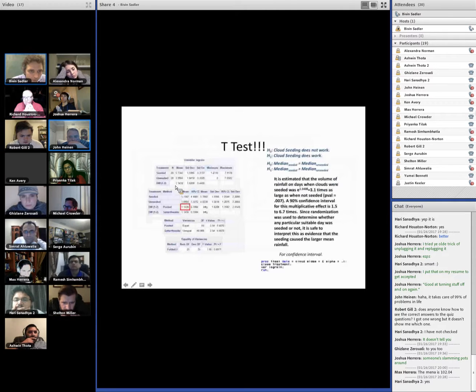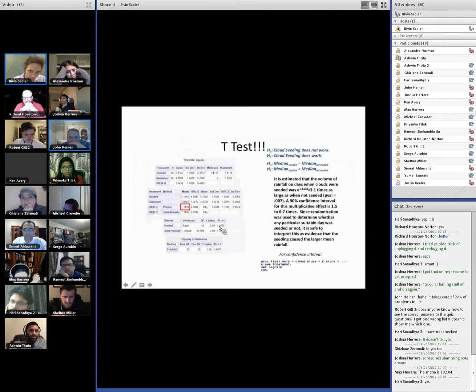This 1.1438 is the mean of the log seeded minus the mean of the log unseeded. It's not on the original scale. So how do I get it back? I simply take E to that difference. E to the 1.1438, it's right here. E to the 1.1438 equals 3.1. And notice, first of all, that that was significantly different than 0.